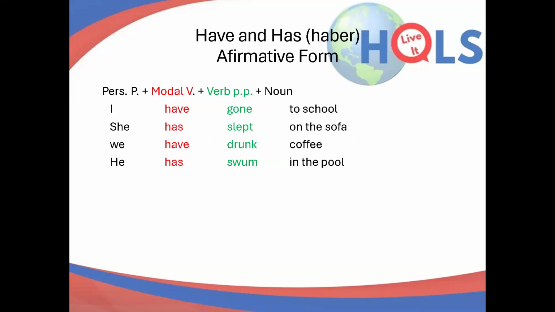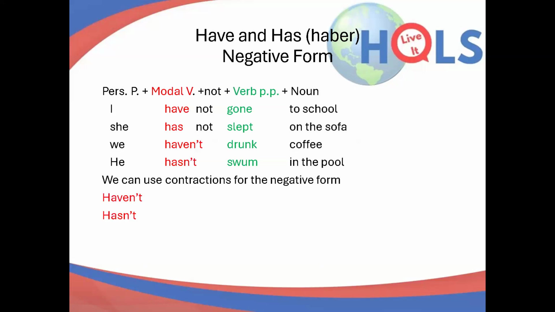For the negative form, we only use not immediately after the modal verb. For example, I have not gone to school. She has not slept on the sofa. Or with contraction, we haven't drunk coffee and she hasn't swum in the pool. Very important that even in our negative forms, we need to use the personal pronoun and the verb.